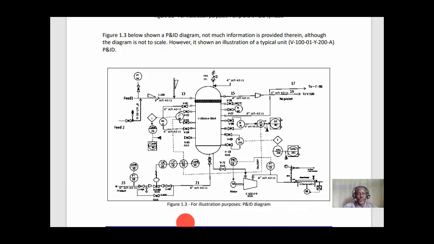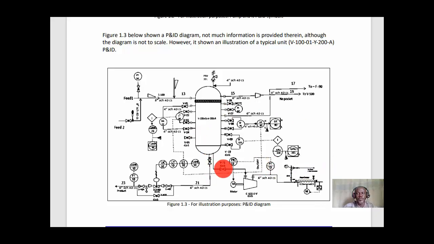Figure 1.3 shows a typical simple P&ID, not to scale, but for illustration purpose. Below is a P&ID diagram. Not much information is provided there, although the diagram is not to scale. However, it shows an illustration of a typical unit.